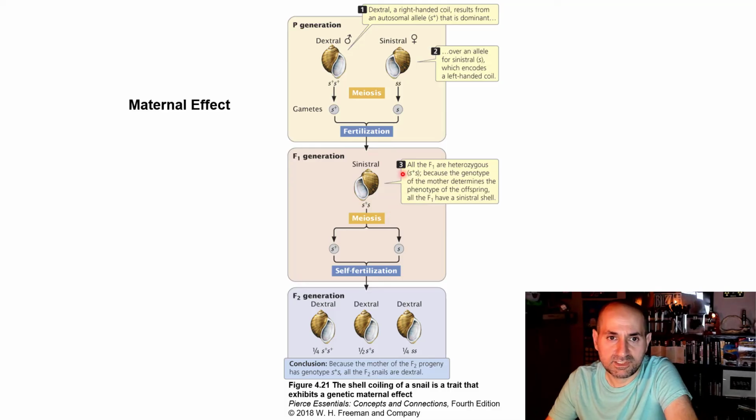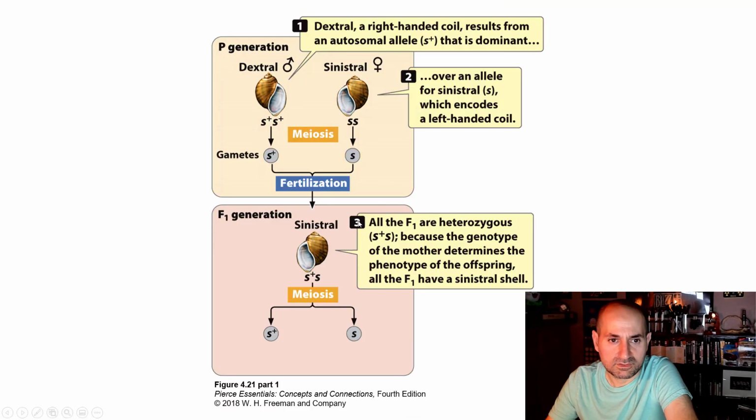So let's see what it says here. All the F1 are heterozygous S+ s because the genotype of the mother determines the phenotype of the offspring. All of the F1 have a sinistral shell. So let's look at this in closer detail.